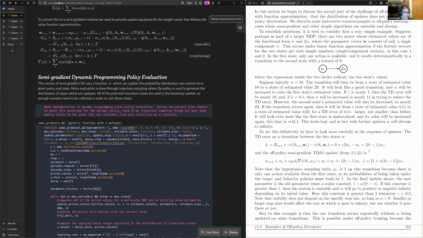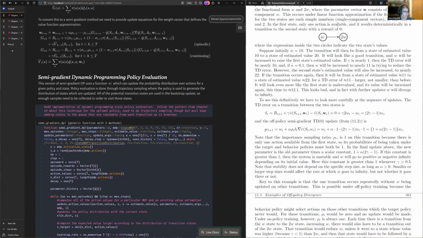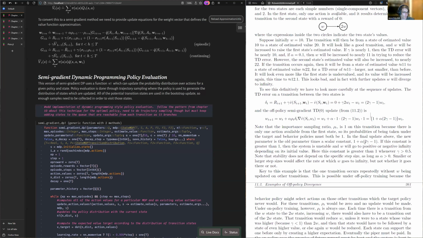So then we get this form of the update, where we take whatever the original parameter was and multiply it by some number, right? And the number here is 1 plus alpha times 2 gamma minus 1.